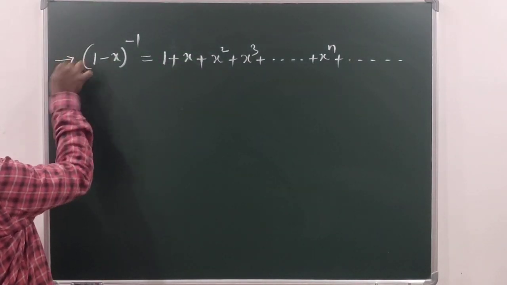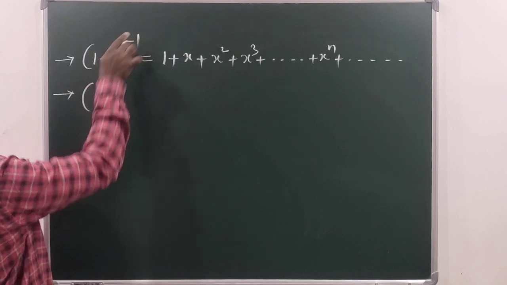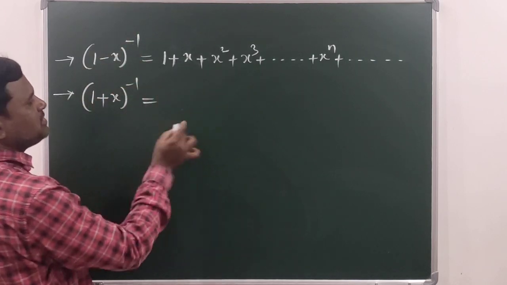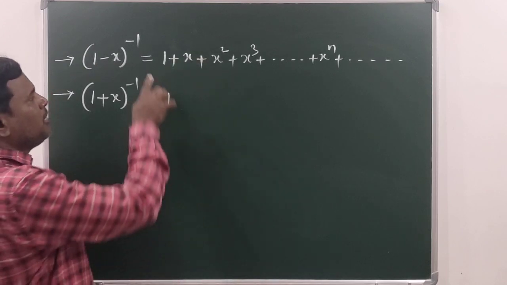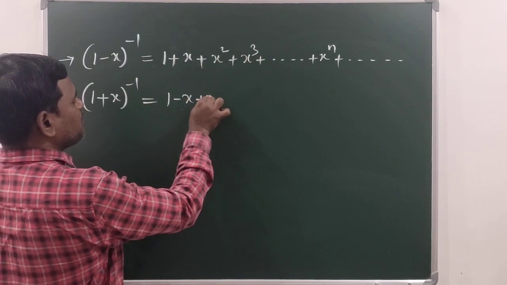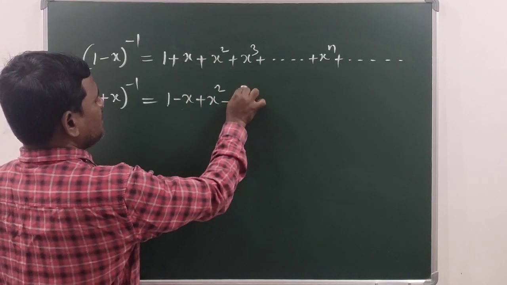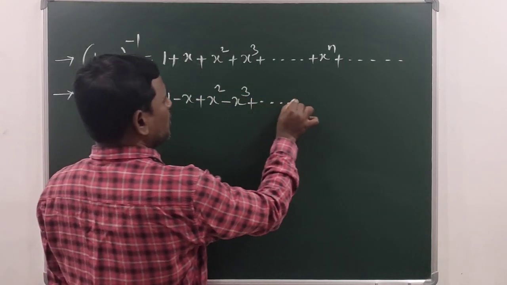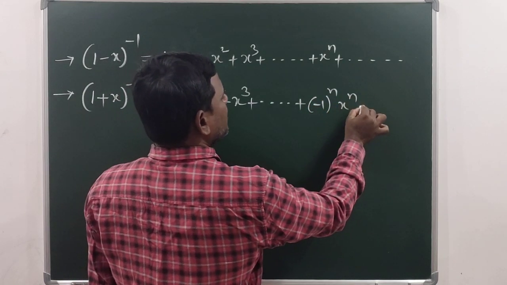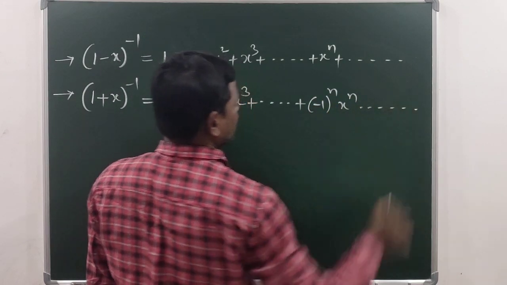Suppose here plus is there, with minus in the power. Now whose expansion will be alternating plus and minus: 1 - x + x^2 - x^3 and so on, plus (-1)^n x^n and so on.